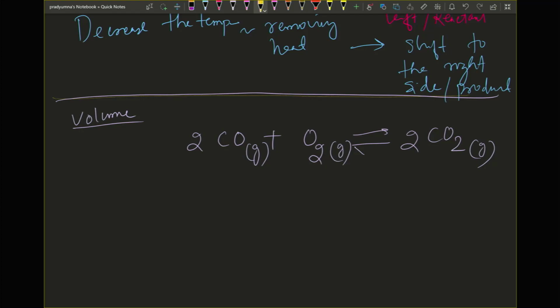So can you tell me how many gas molecules we have on the left side? We got 2 moles here and 1 mole here, so we have a total of 2 plus 1, 3 moles. On the right side, how many moles do we got? 2 moles.